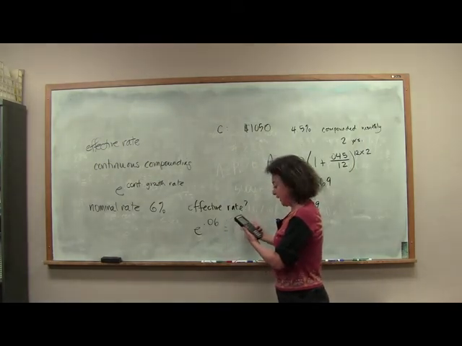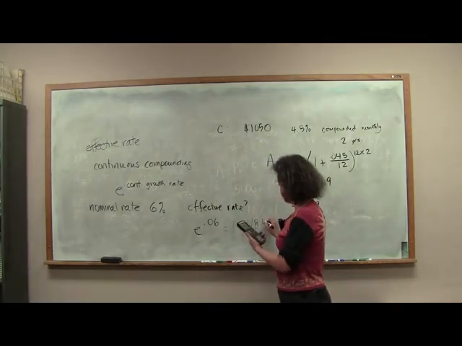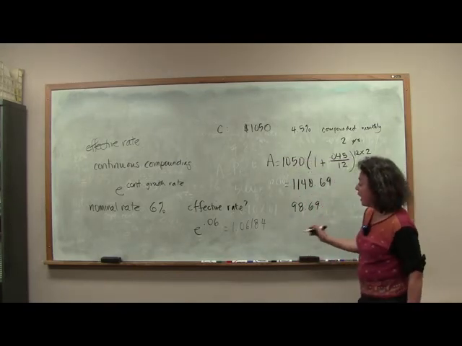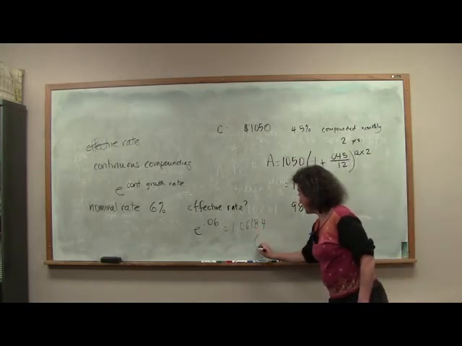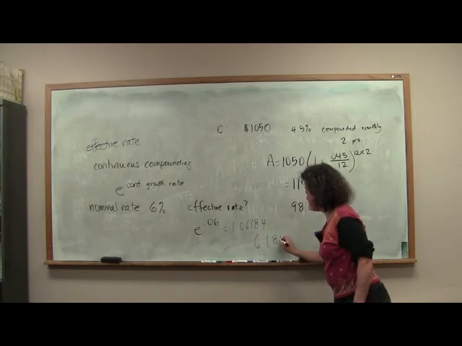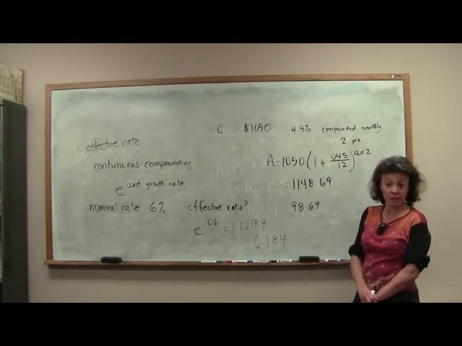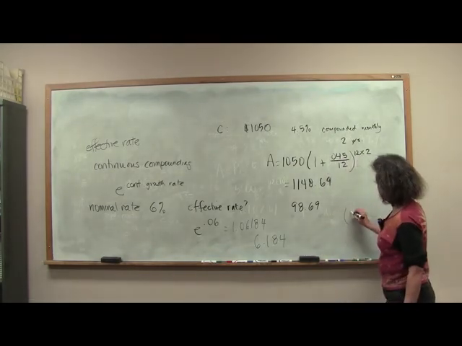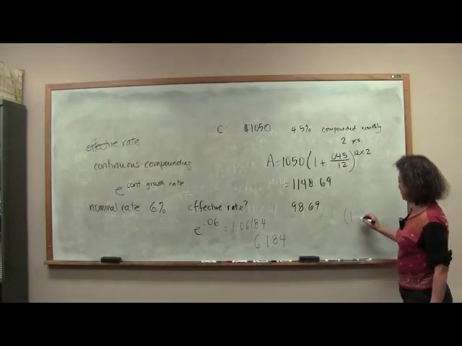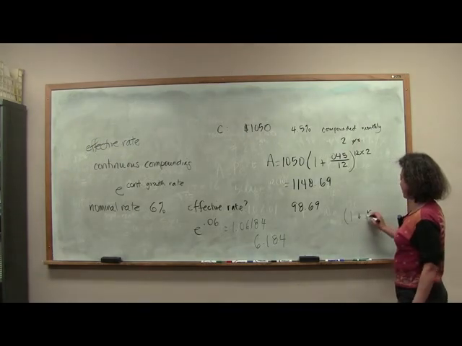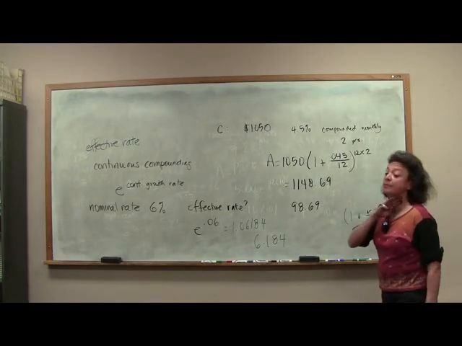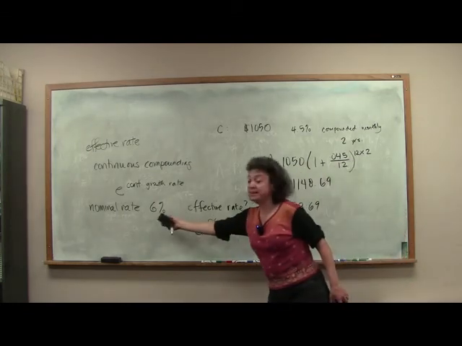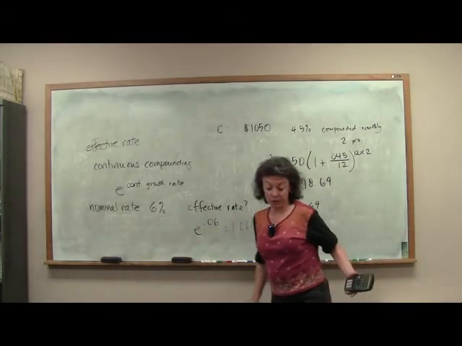What you're going to get is this. Okay? So our effective rate is actually 6.184%. Remember with our other formula, you do 1 plus r over n to the nth power. Okay? But here, all you need to do is compute e to the power of r.